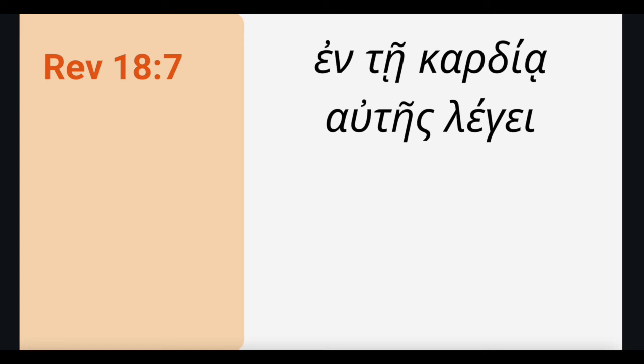Te cardia means in the heart. And autes means her. So in her heart, therefore we're going to assume that lege means she says. She says in her heart. En te cardia autes lege.